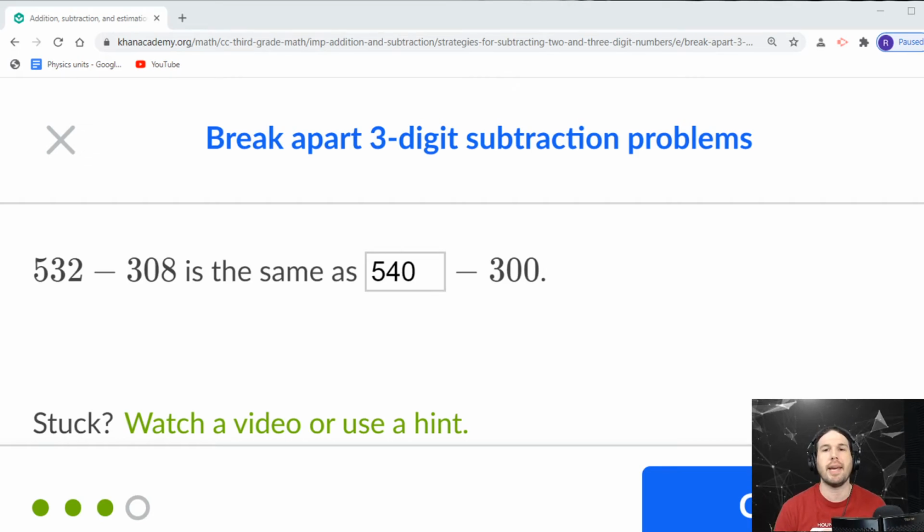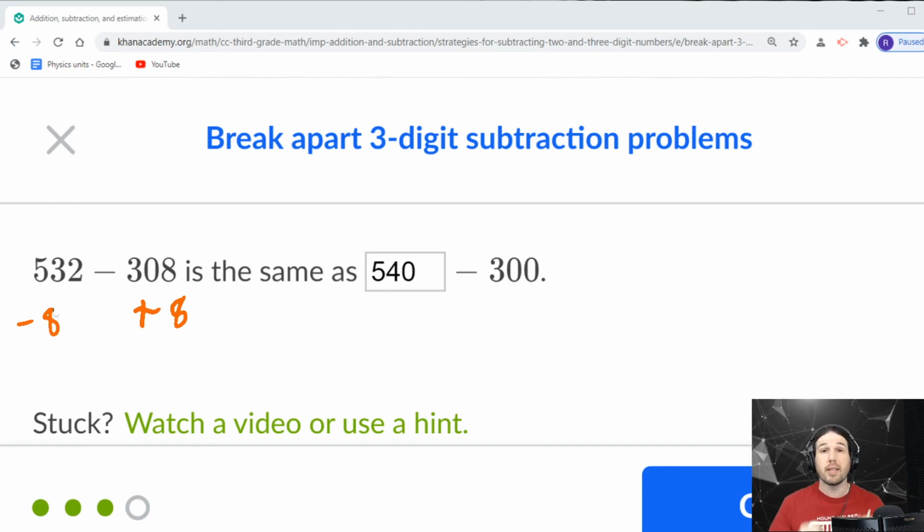If we go from negative 308 to negative 300, that's actually adding 8. So we have to subtract it from the 532. That was on me. And again, I hope this illustrates how easy it can be to get mixed up in negatives.